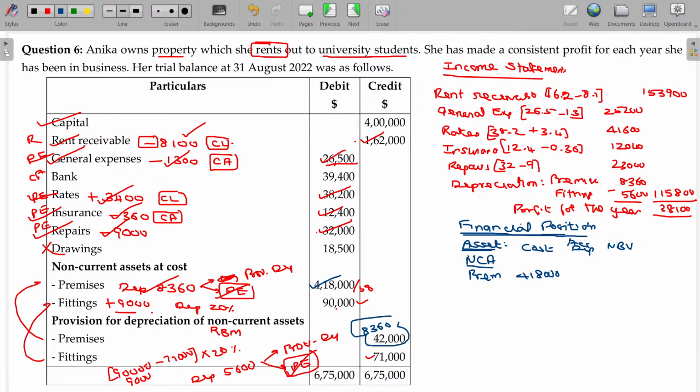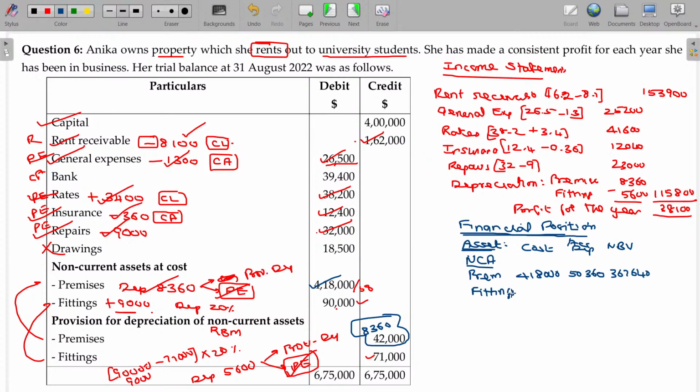Now the provision for depreciation being how much? 50,360. And net book value being 4,18,000 minus 50,360. This ultimate value being 3,67,640.